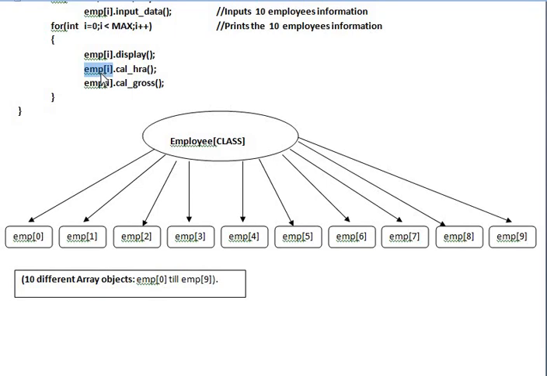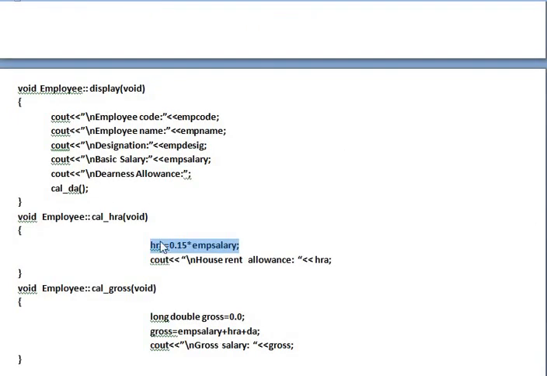In the same way, with the help of the object emp0, I am going to invoke this member function cal_hra, which then computes the HRA or the house rent allowance of the employee. And then in the next step, it prints the house rent allowance.